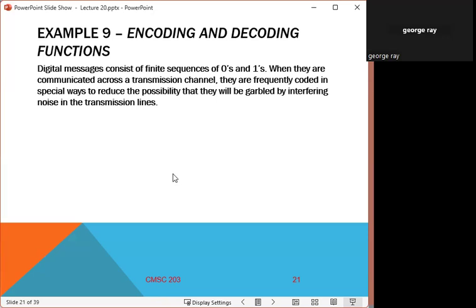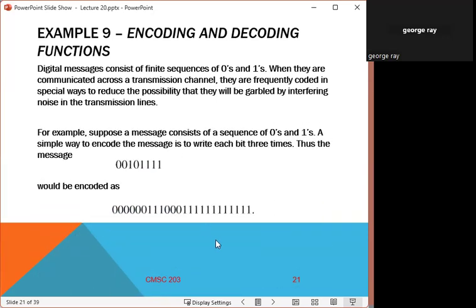And that way, you have some error encoding so that if an error happens, one of the bits is flipped by accident, you can restore the original message. And so just as a simple example of this, you would take a string of zeros and ones, and you would just triple each one of the elements in it.